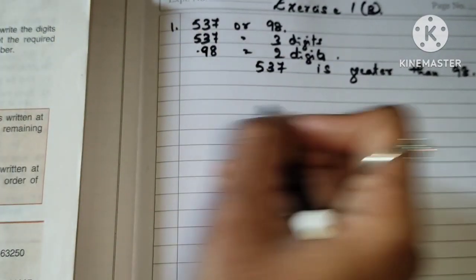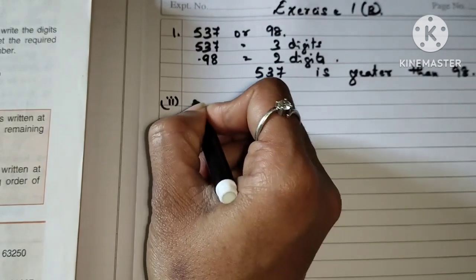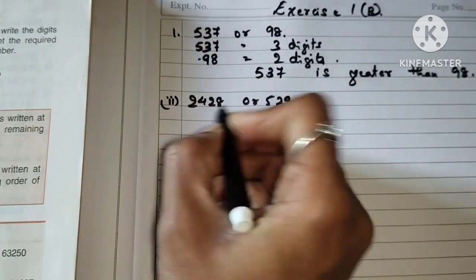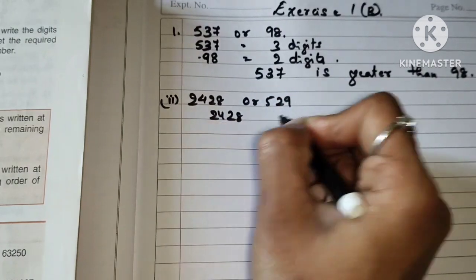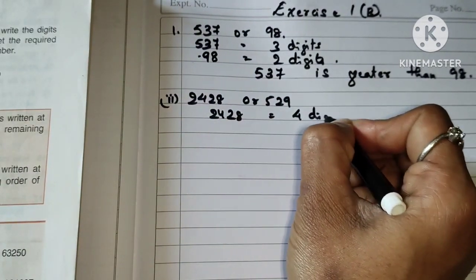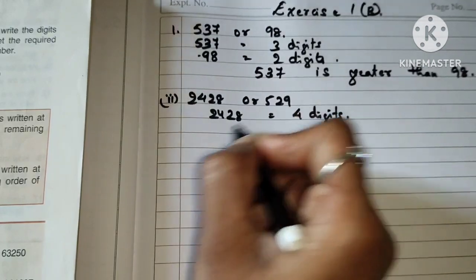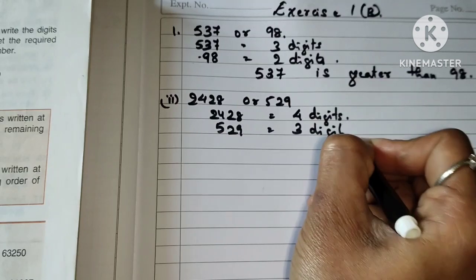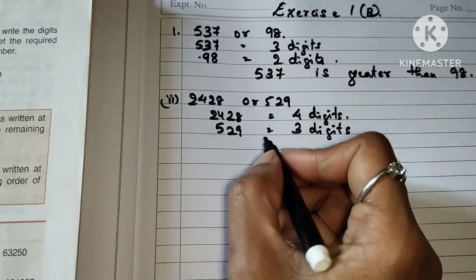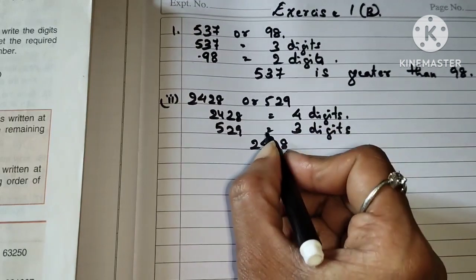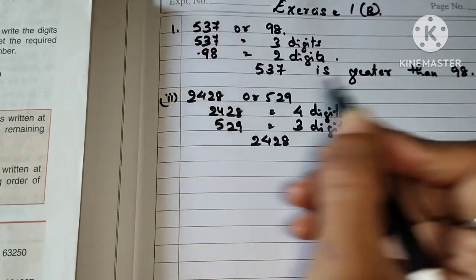The second question is 2428 or 529. In 2428 there are how many digits? 1, 2, 3, 4. 4 digits. Isn't it? Next, 529. We have 3 digits. 2428 is having 4 digits and 529 has 3.